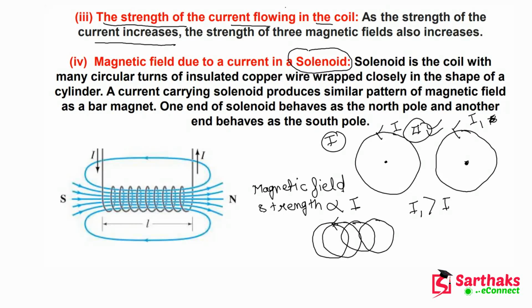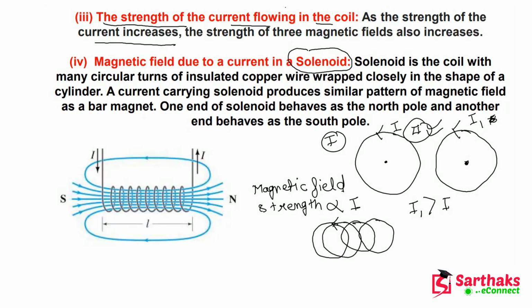So this will look like this. This is one turn, this is another turn, this is the third turn, and if you keep adding turns, it will become a solenoid. So basically, let me tell you the direction of the magnetic field lines in a solenoid.